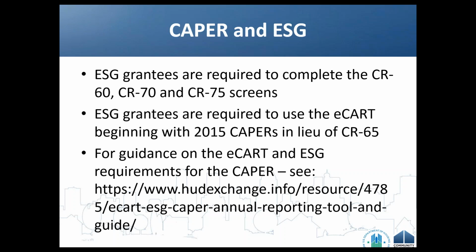And essentially what the eCarts tool does is it's an Excel spreadsheet that's going to import some data extracts from your HMIS system and basically pool all of that information together for all of your ESG awards and essentially recreate some of the tables that were included in the CAPER, so you don't have to manually do that yourself.